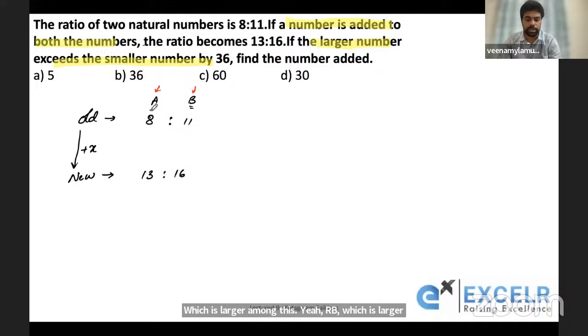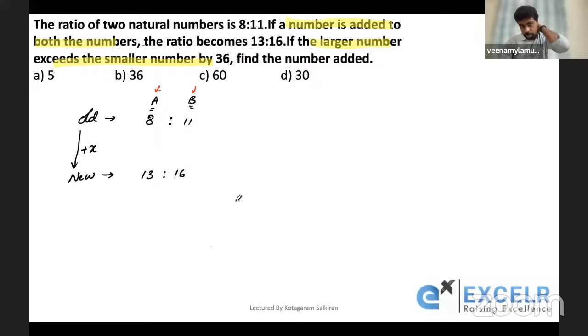Which is larger among these, A and B? So B is larger. Good.